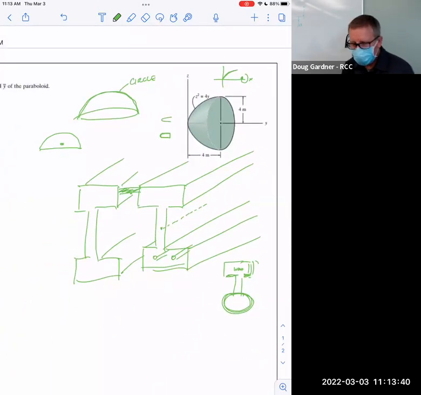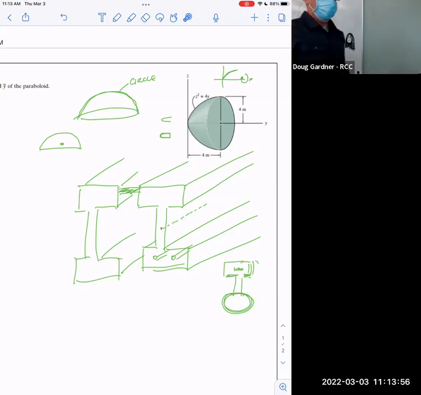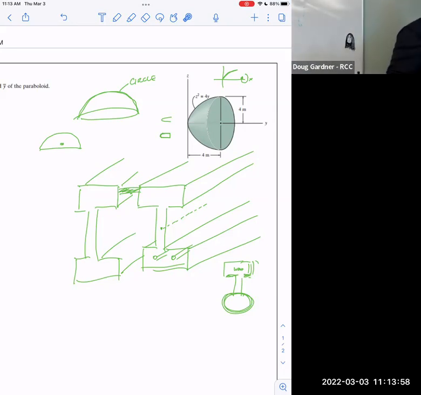So obviously the big question is just how do you find that center of mass? Was there anything in the book about that? I don't see anything. Let me have a look. Can I show you this?